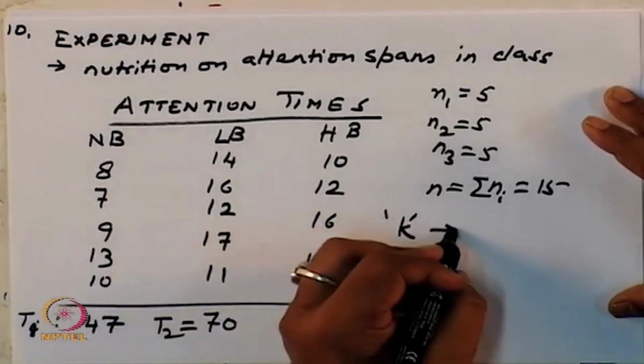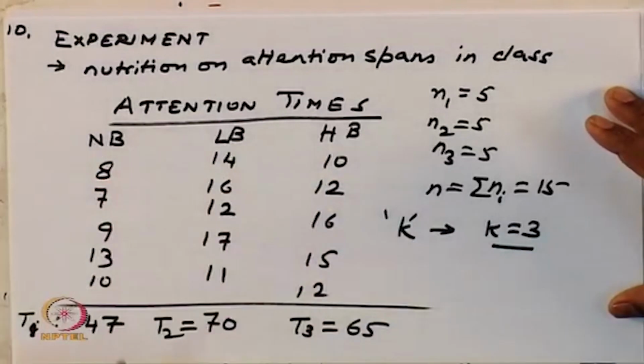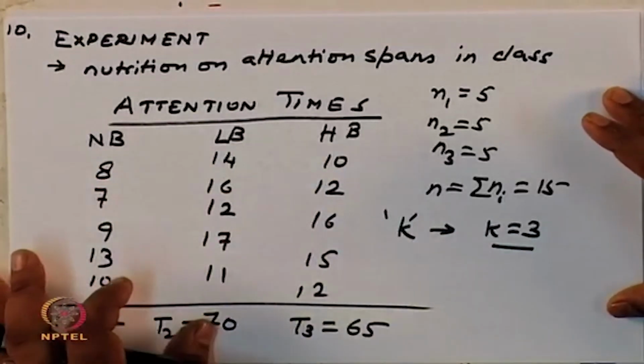So, what is K? K value is the number of populations. So, in our case K is equal to 3. You have 3 different populations. So, summation x I j is you add up all these values, which should come out to be 47 plus 70 plus 65 equal to 182.